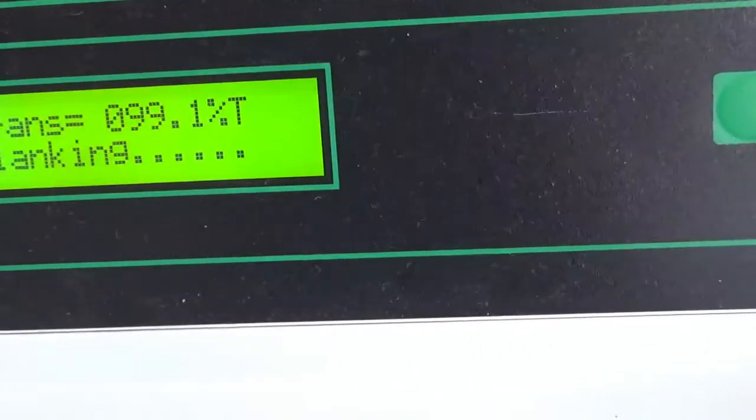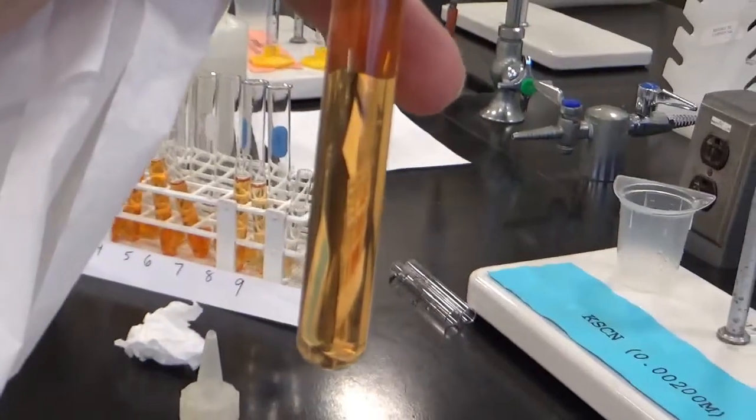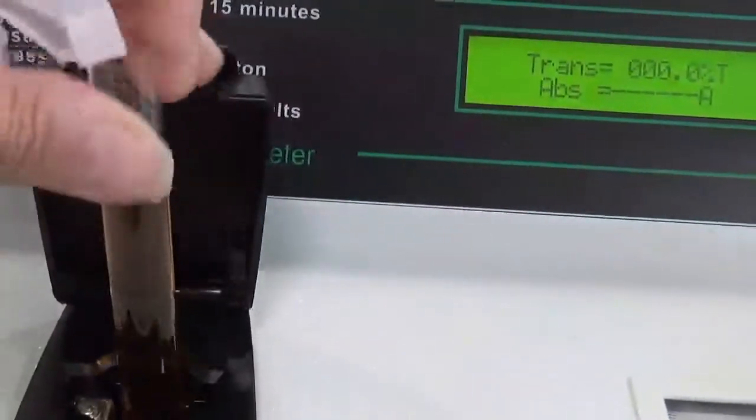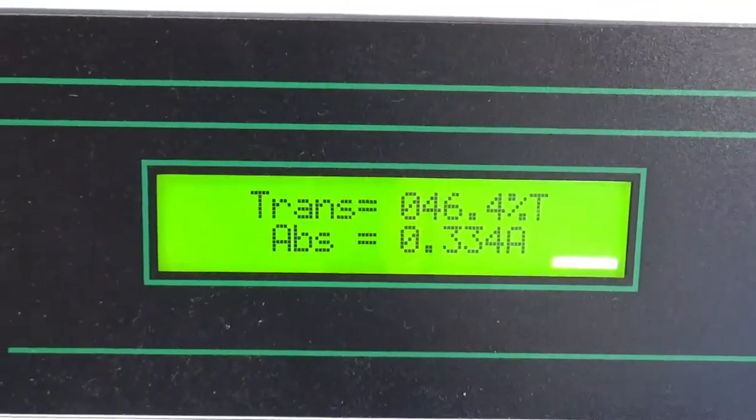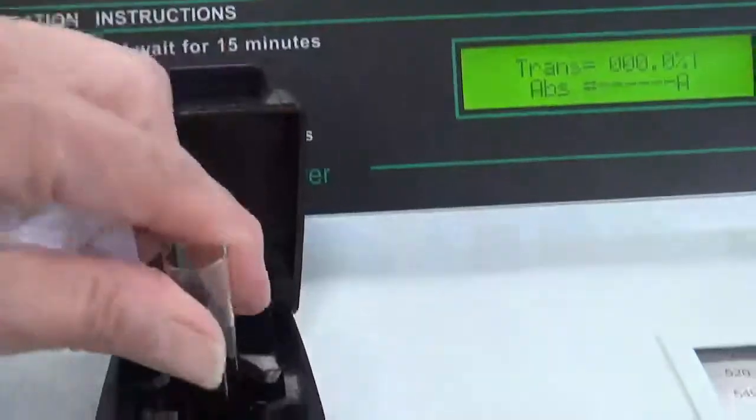And then I'll do solution 7. Okay, I've got solution 7 now. 0.334. Solution 8. It's getting lighter.